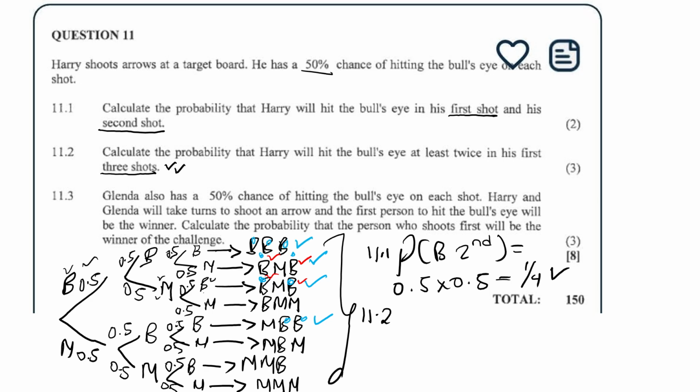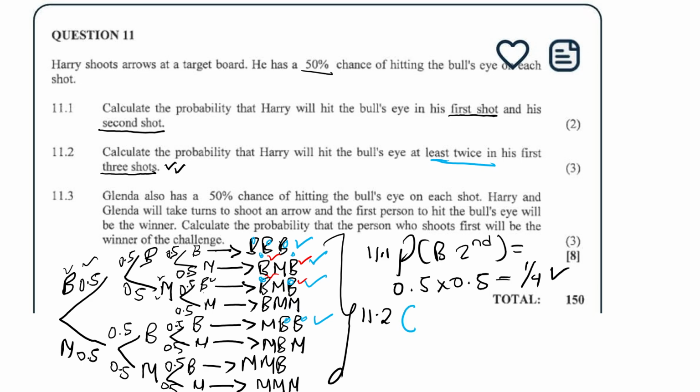Therefore now, for us to know that he will hit the bullseye at least twice, we must have at least 2 B's on our tree diagram. Therefore now we will have what?